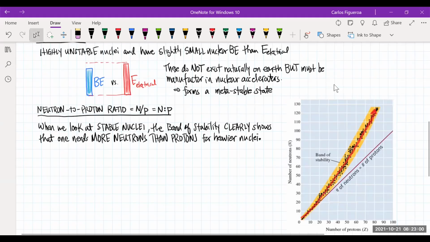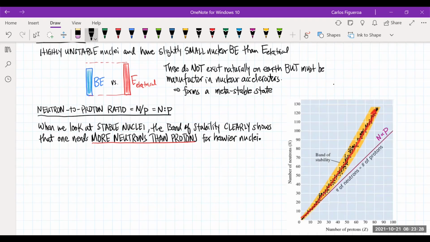So when you look at this purple line, this is n equals p. This line is telling you that we need more neutrons than protons for heavy nuclei. If that's the case, then we really have to look at this in more detail using this neutron to proton ratio to tell us what is going on.